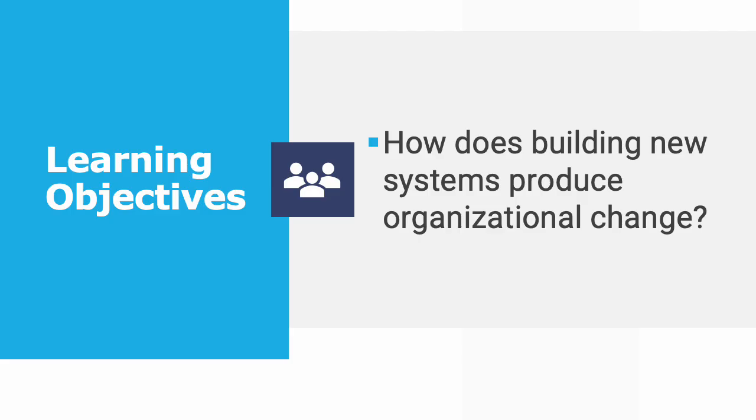Okay, now let's move to the next section of this chapter. The first learning objective is about how building new systems produces organizational change. Building a new information system is one kind of planned organizational change.